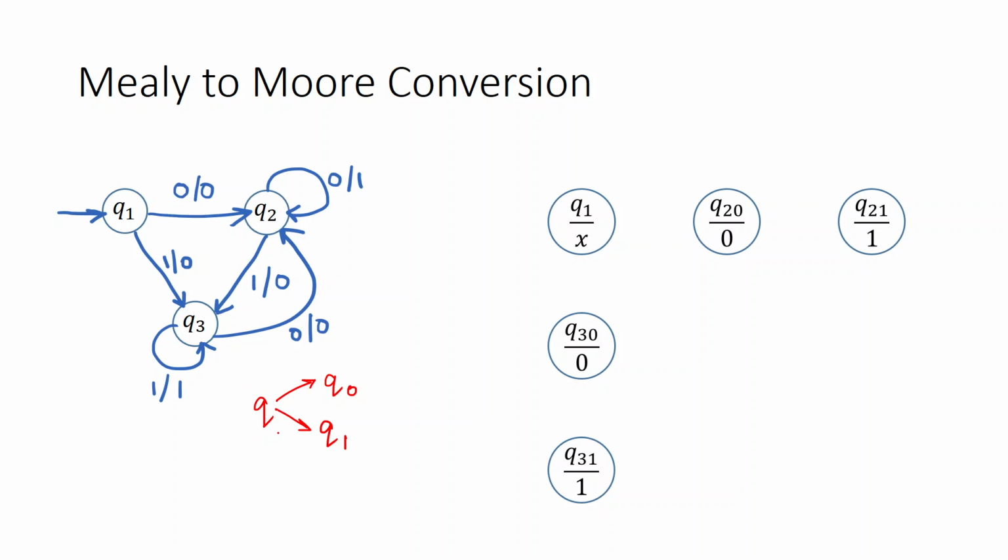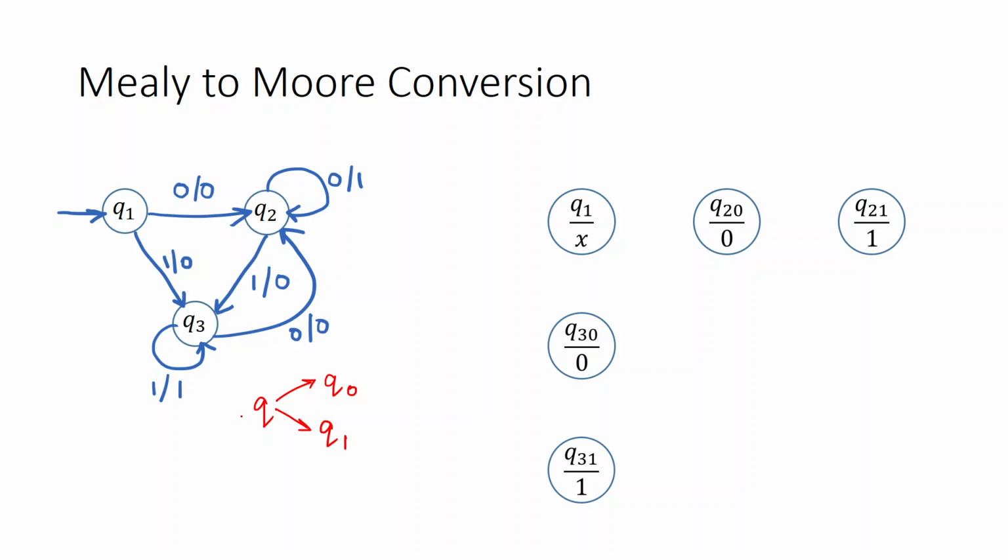If while coming to Q we generate an output of 0, then we call it Q0, and if we generate an output of 1, we call it Q1. In this respect, the state Q gets divided into two states, Q0 and Q1. Why is this necessary? Because when I am writing the Moore machine, I have to associate an output to the particular state itself. That's why it is necessary.